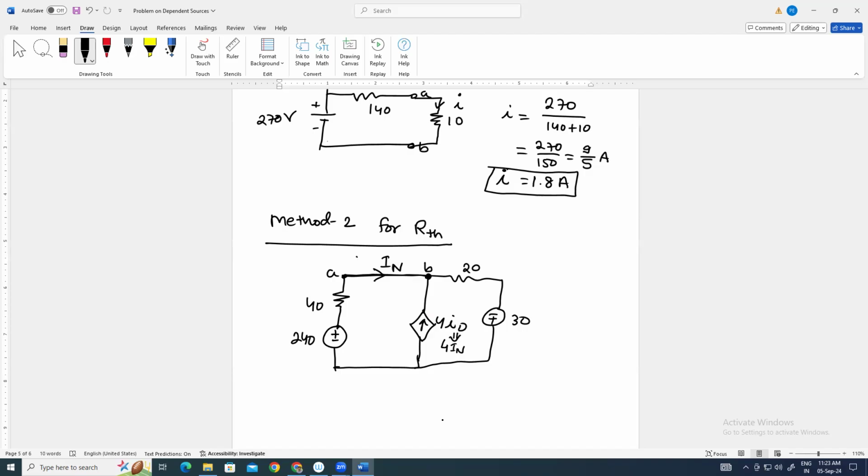Means I0 is nothing but the current flowing through this branch AB. Now the current flowing through this branch is IN, that is Norton current. So this will be replaced by IN. So 4IN will be the current source value. Is it clear to all of you?